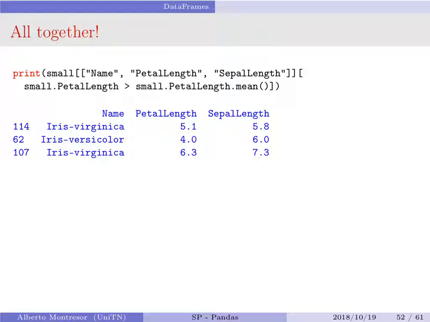Okay, so this is a small that you see here. So we need to parse the brackets. You see here, we are parsing the brackets like this up to here. So this is an extraction of columns.